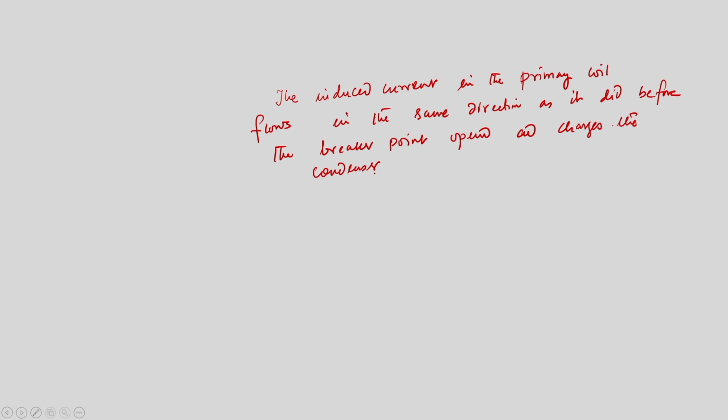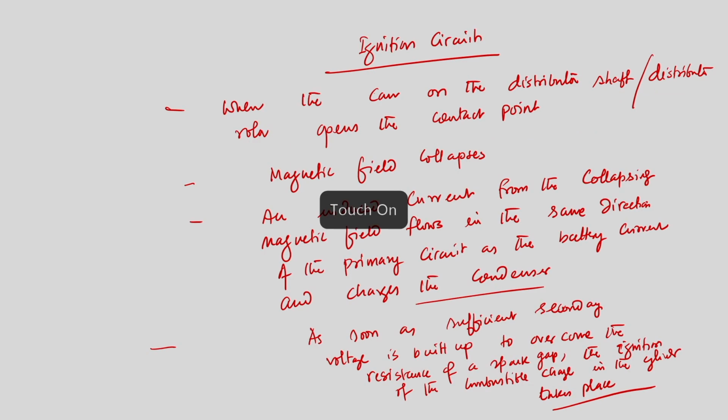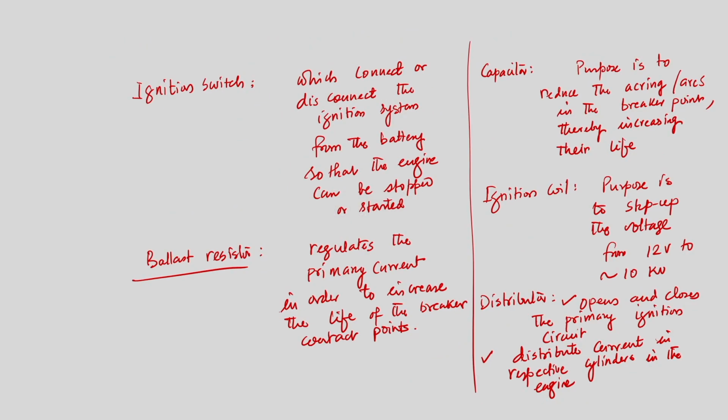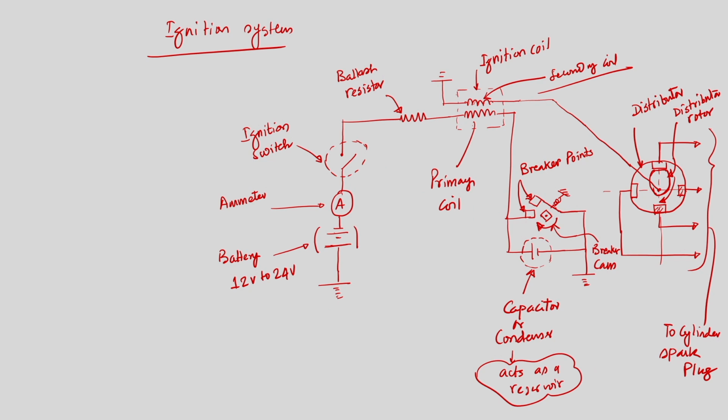What I would like to say is that when the breaker points are closed, battery current will flow and charge the condenser. In a similar way, the induced current in the primary circuit also will try to charge the condenser as it did before when the battery current was flowing through the primary circuit. So, this is the case.